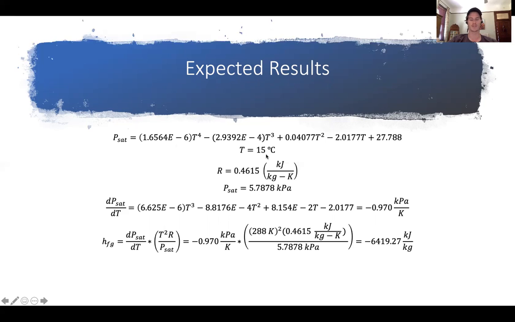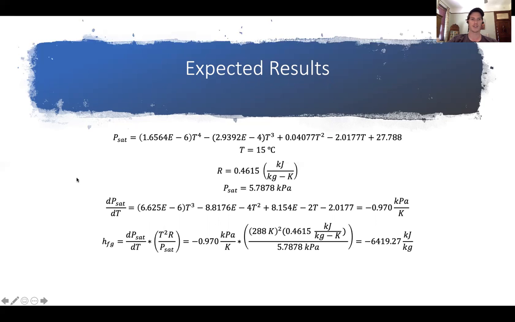We used a starting temperature of 15 degrees Celsius, which I chose. We use our ideal gas constant of 0.4615 in our equation down here. And at 15 degrees Celsius, we find a saturation pressure of 5.7878 kilopascals.